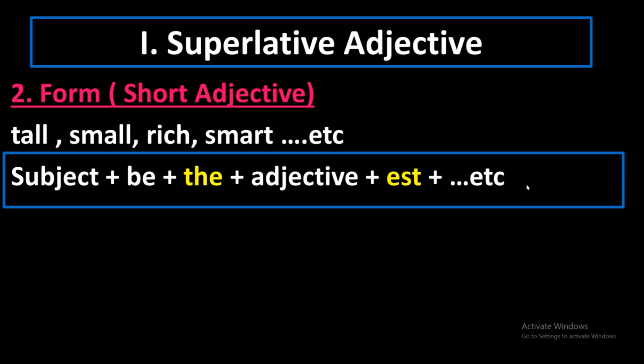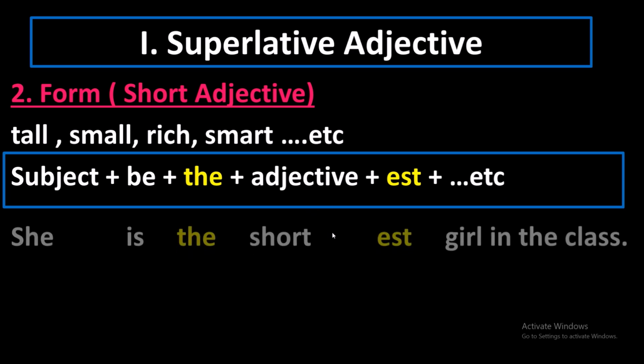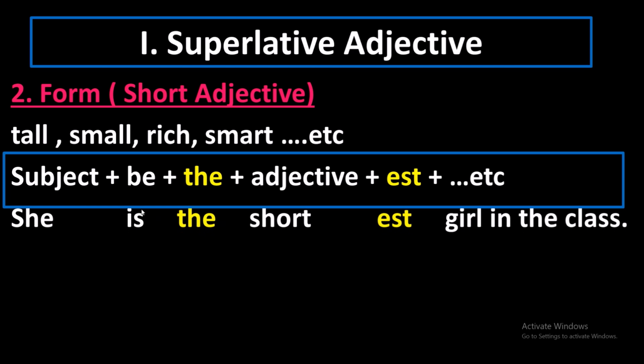Let's take a look at an example here. I draw the example from the form. The subject is she, so with she we use the verb to be is. Then I use the short adjective to compare, plus est, and girl in the class, which is Zara here.